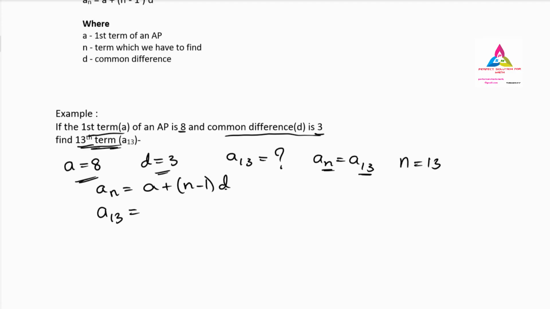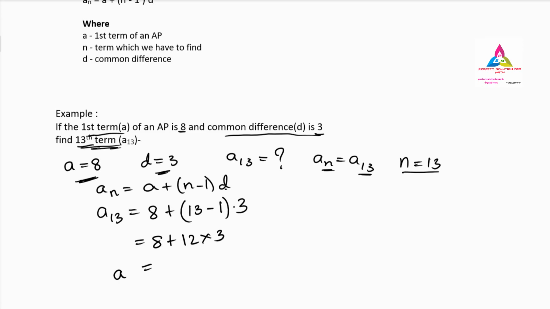A13 is equal to a, which is 8, plus n, which is 13, minus 1, into d, which is 3. So 8 plus 13 minus 1 is 12, into 3.